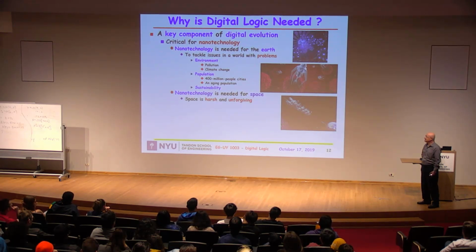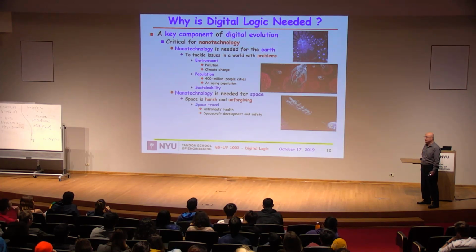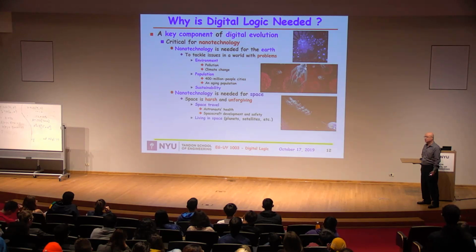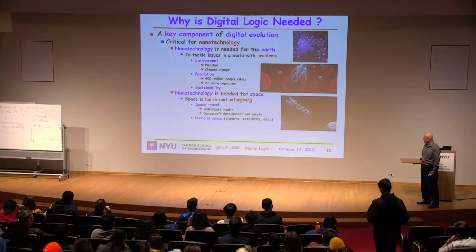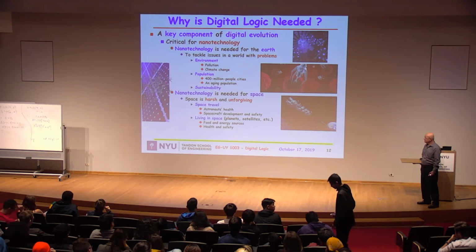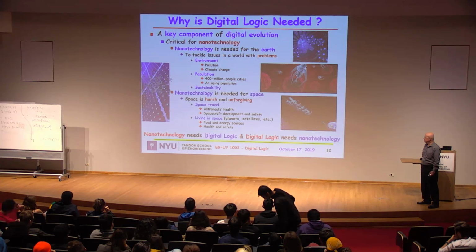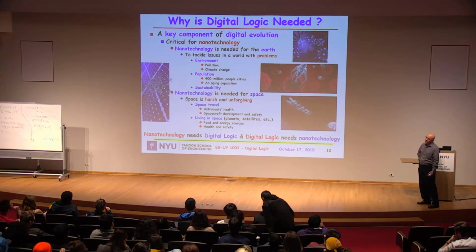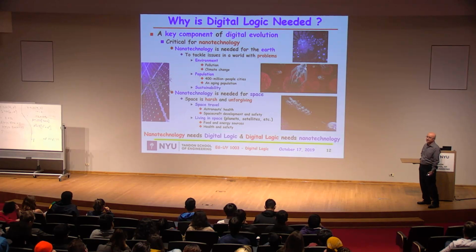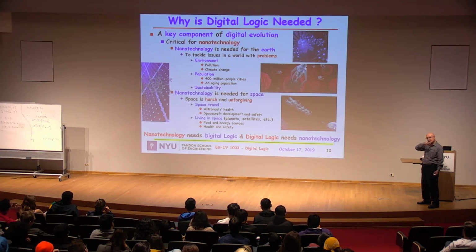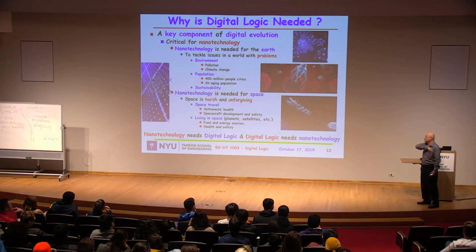And sustainability on Earth and in space, of course, everybody, lots of things during the travel and also living in space. So nanotechnology will be needed. So nanotechnology needs digital logic, and digital logic needs nanotechnology. So this chip is benefiting from nanotechnology, and soon everybody you will have maybe molecular computers that will be behaving quite differently.